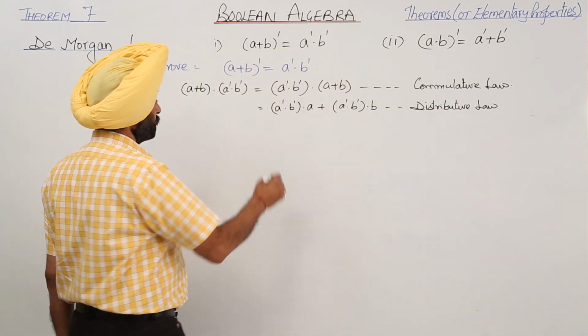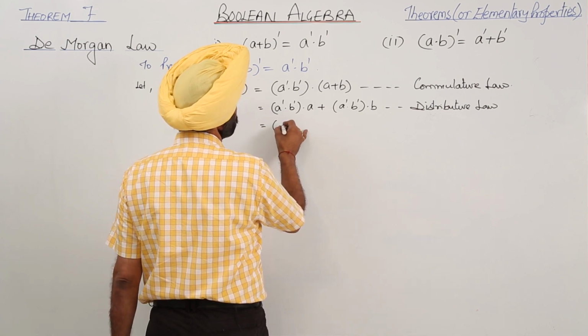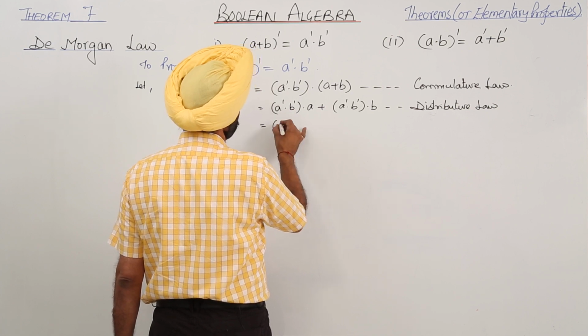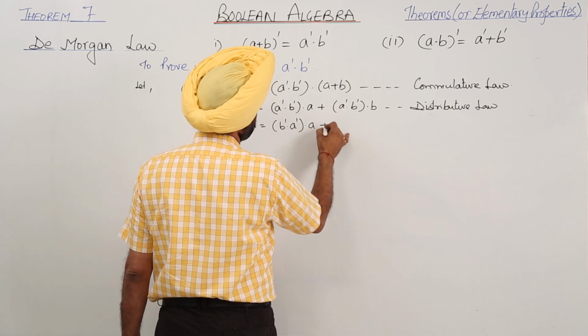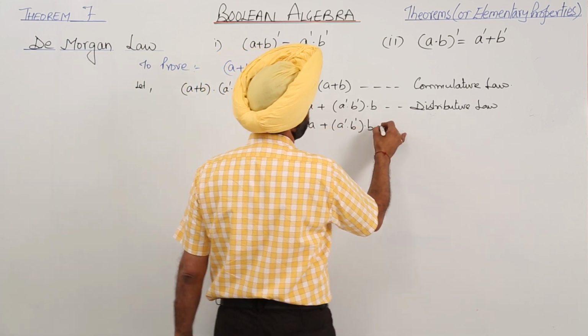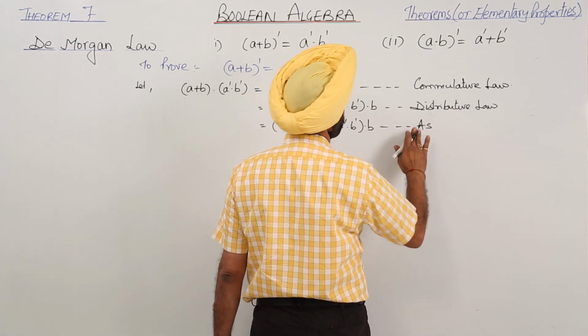Now this, what we can write? To this we can write it now as B inverse dot A inverse dot A plus A inverse dot B inverse dot B. Sorry, this is commutative law.